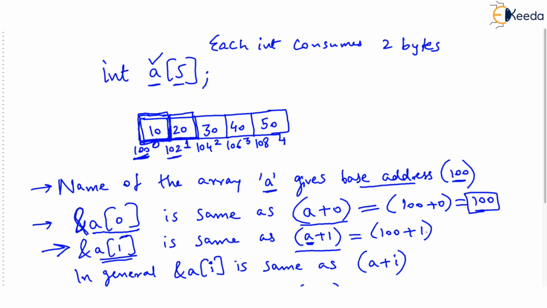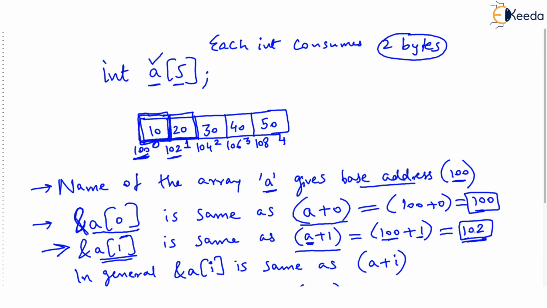But please try to understand, A is a pointer to an integer array. So it is basically an integer pointer. And if you increment this integer pointer by 1, then it will get incremented by 2 because every integer is consuming 2 bytes. So the result of this won't be 101, it will be 102. And this indeed is the address of the first element, that is A1.